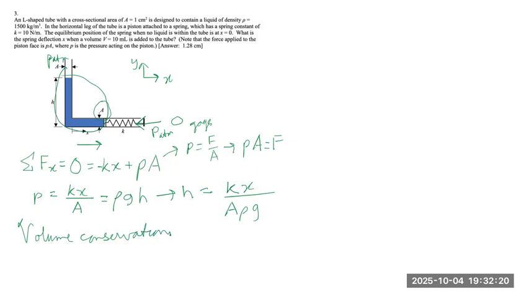And why volume is conserved in this case is because our fluid is assumed to be incompressible. Water is assumed to be incompressible, and thus volume will be conserved. So the volume of the liquid, V, is given by the cross-sectional area A times the total height or length of the column, which is h plus x.